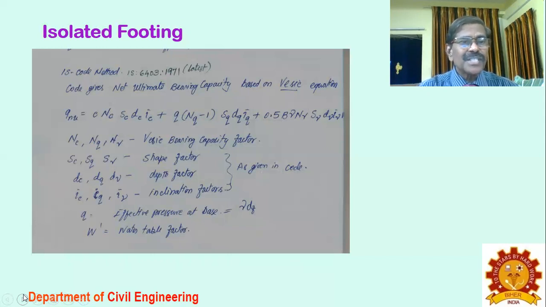His prediction is Q ultimate equal to C NC SC DC IC plus Q into (NQ minus 1) SQ DQ IQ plus 0.5 B gamma N gamma S gamma D gamma I gamma. These constants are already given in the code of practice, so take up the values and substitute to get the value of the ultimate bearing capacities.